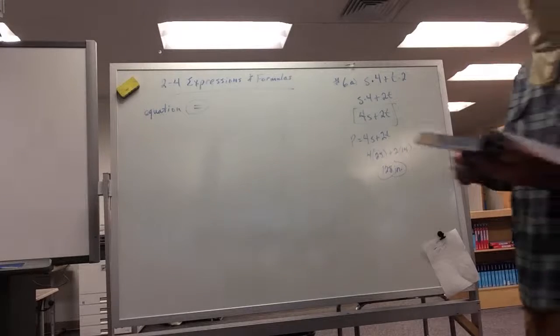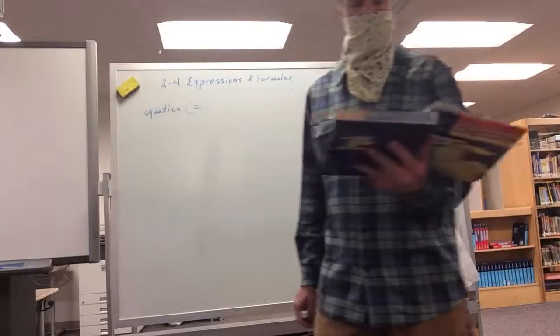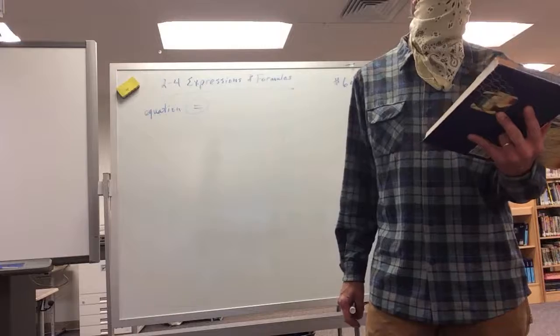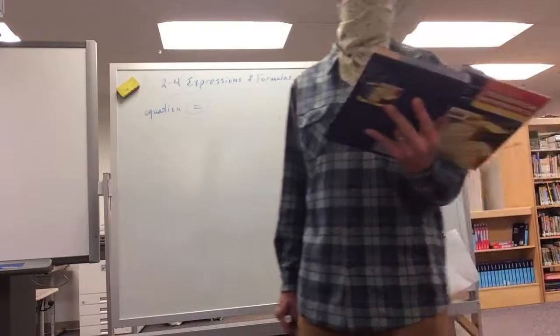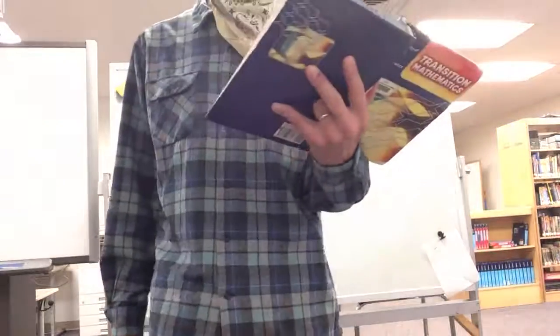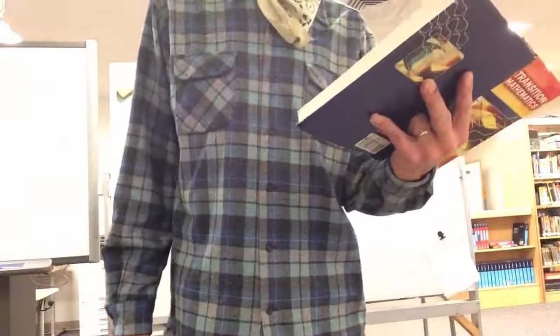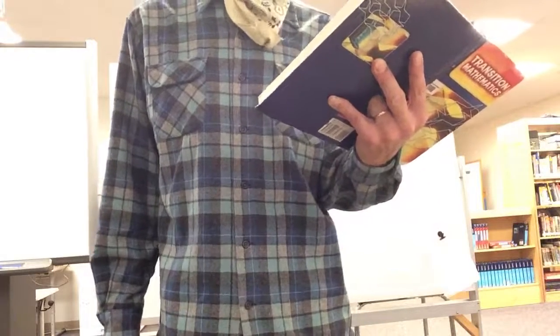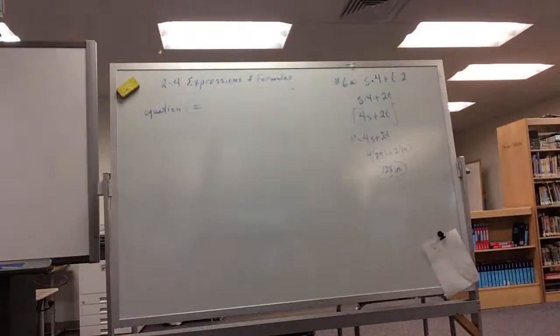So if we look at the first example that they give and how they use this, it says B is the number of beef kebabs, and C is the number of corn kebabs. No, the number of corn on the cobs. I was gonna say corn kebabs, that would be kind of different. So B is the number of beef kebabs, C is the number of corn on the cobs, and W is the number of watermelon slices.